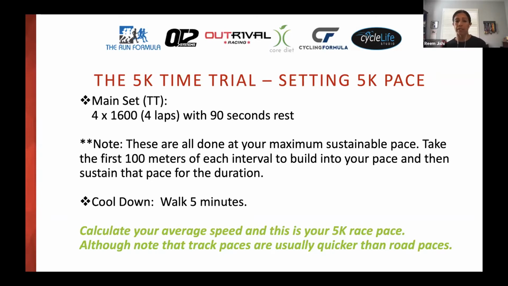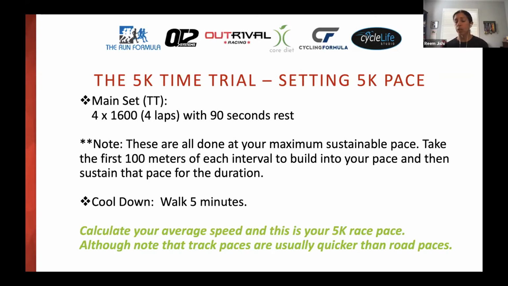I'm going to put a caveat in here to say that people tend to run quicker on the track than they do out on the roads. So if you think that you're going to be doing your speed work on the roads, then you can do this as 4 by a mile out on the roads. That's going to give you a better indicator of what your pacing is for roads.